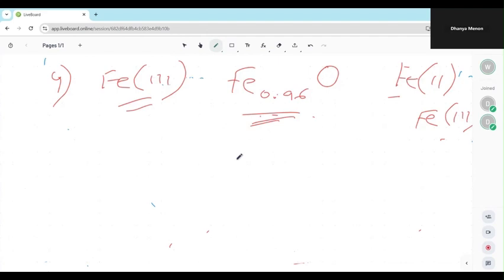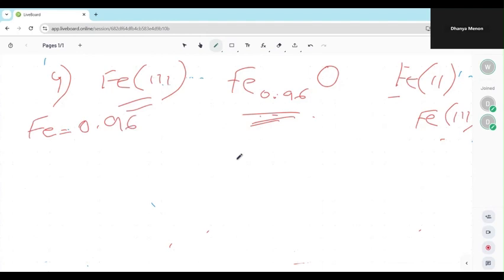Okay, valencies, you will learn in grade 12 that some elements have more than one valency, or more than one charge. So iron is one of them. So for now, the total amount of iron present is 0.96 in this particular compound.